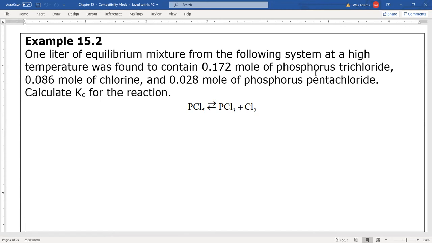So the PCl3 will be 0.172 moles per liter, or molar. The chlorine will be equal to 0.086 molar, and the phosphorus pentachloride is 0.028 molar.